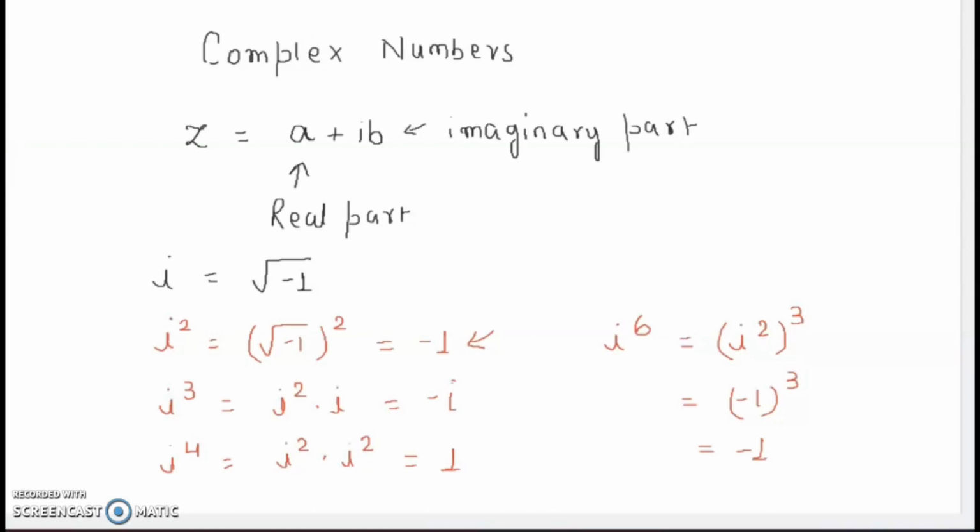Now, let us do some questions. Let us start with one question where you are supposed to find the standard form of a complex number.